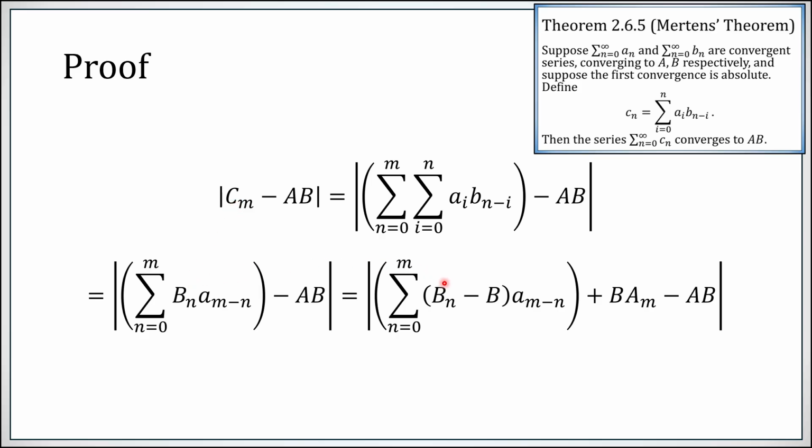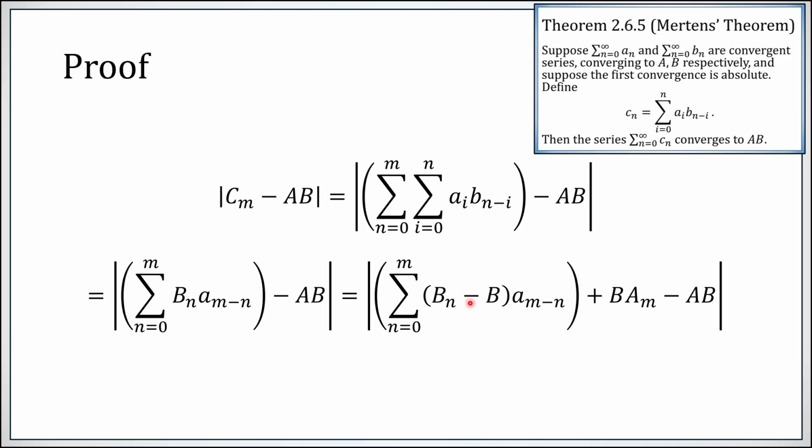Now moving on to this term. Again, this minus AB hasn't changed yet, so don't worry about that. We're just comparing this parenthetical term to this plus that. Okay, note that this Aₘ₋ₙ hasn't changed. So what's going on here? We have Bₙ being replaced with Bₙ minus B. That's fairly straightforward.